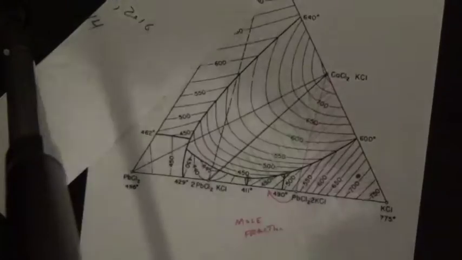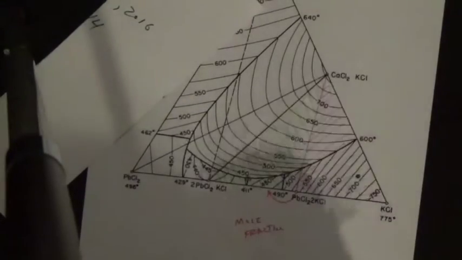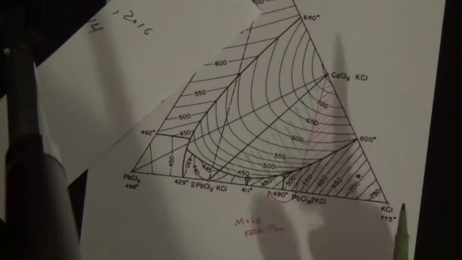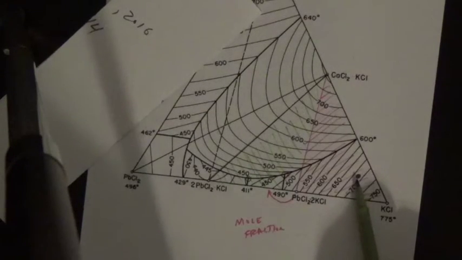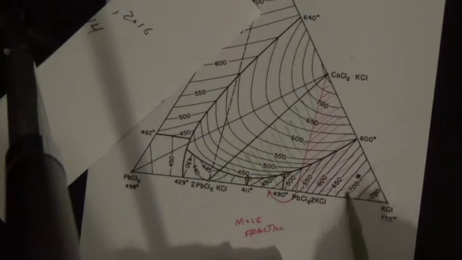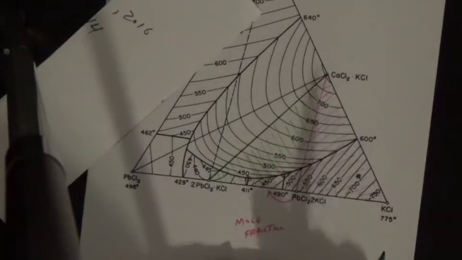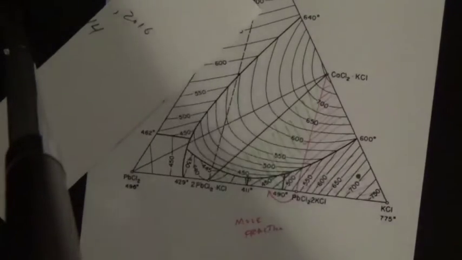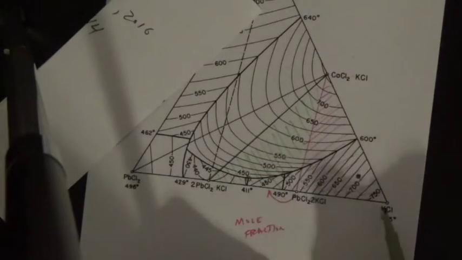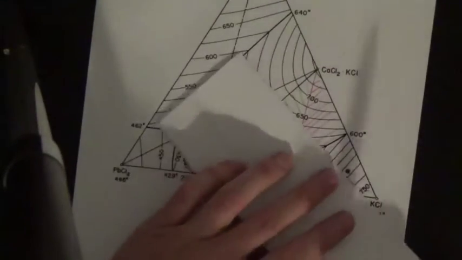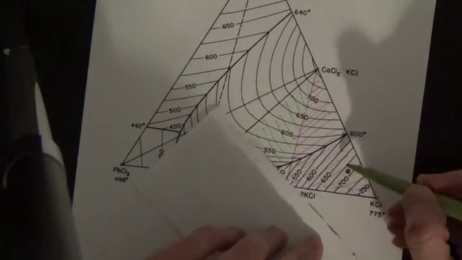So let's start out and just say, okay, what do we have as a function of temperature? Well, we start out, in order to be all liquid, we have to be over, whatever, 680 or so, looking at the isotherms. We are in the region where we have the potassium chloride liquidus, which means then that as we cool, say down to 600, 600 is going to be that line.